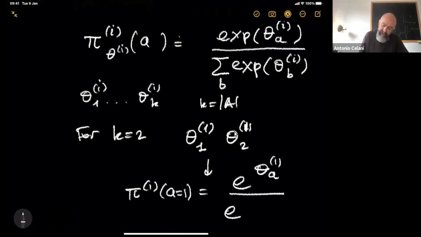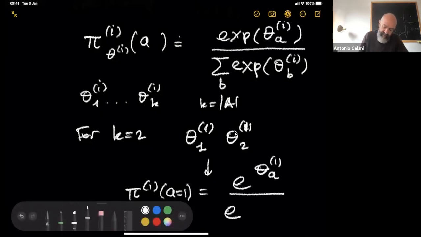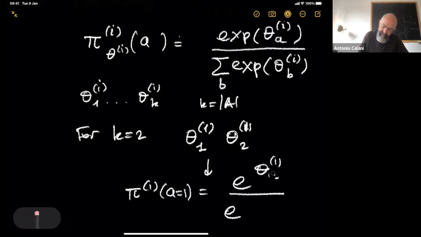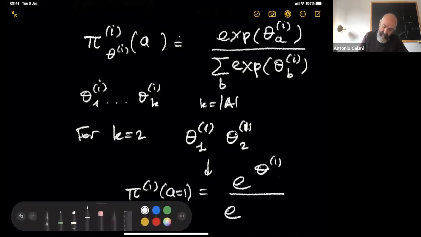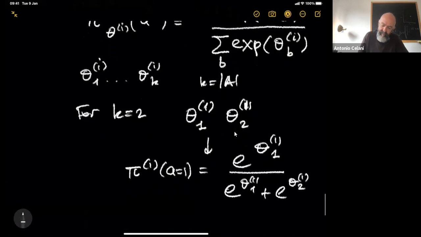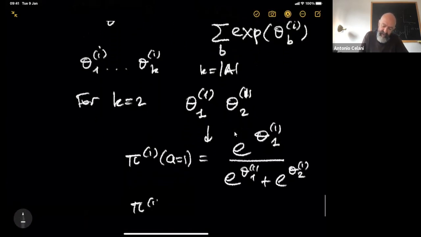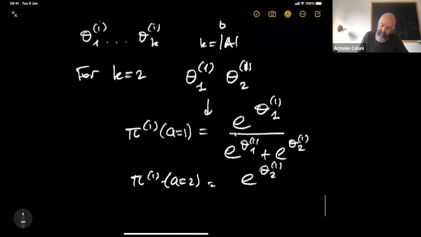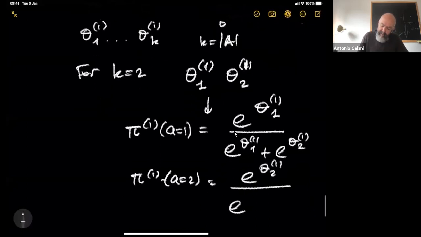The probability of taking action 1 is this. The probability that agent 1 takes action 2 is going to be exponential of theta 2, over the same normalization.